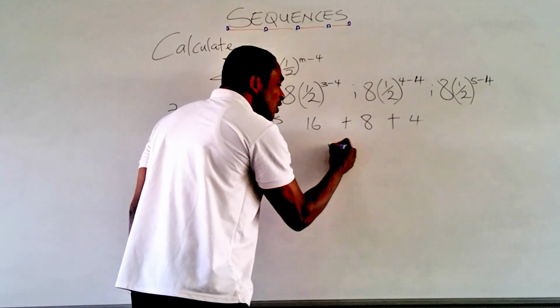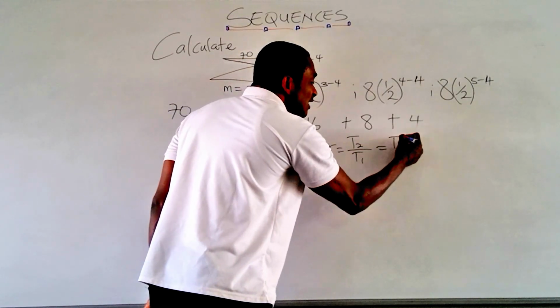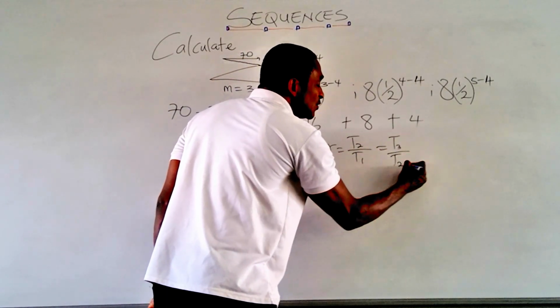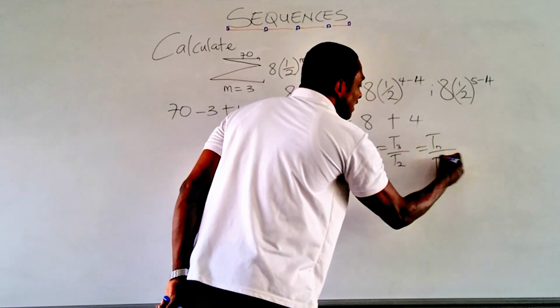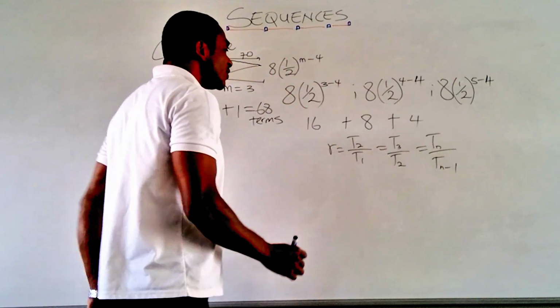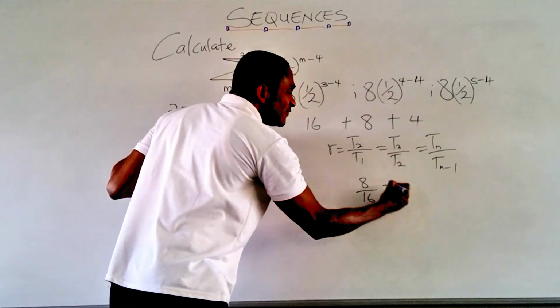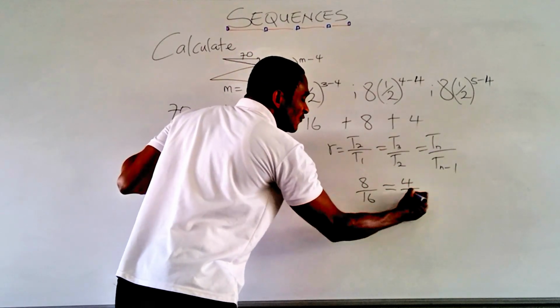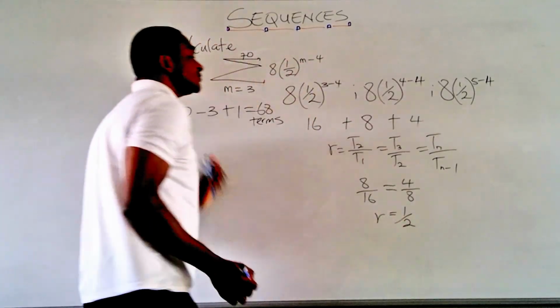Now let's go to the common ratio, which says that term 2 over term 1 must be equal to term 3 over term 2, which must be equal to, we can go on, Tn divided by Tn minus 1. So let's test. Term 2 over term 1 is 8 over 16, which is equivalent to 4 over 8. Yes, our common ratio is 1 over 2.